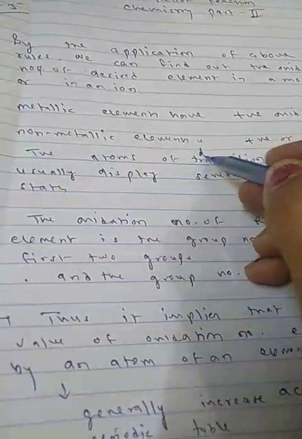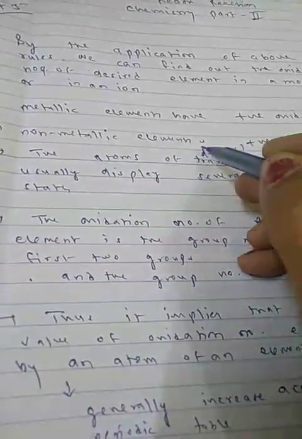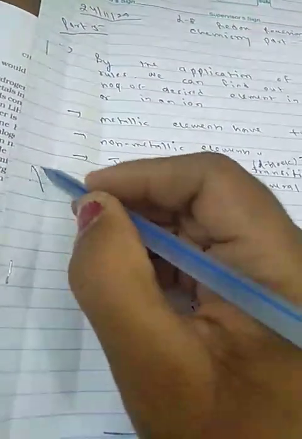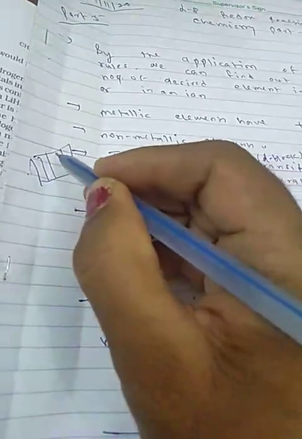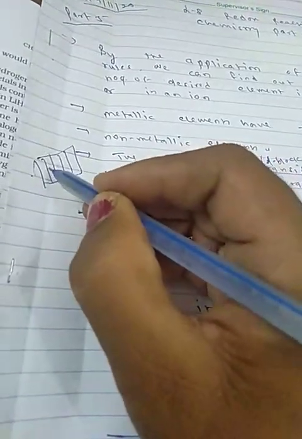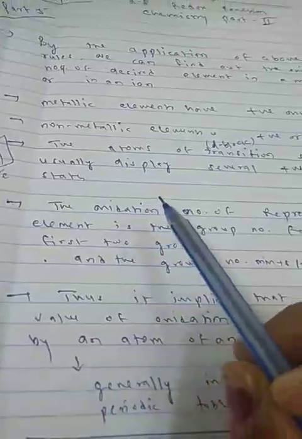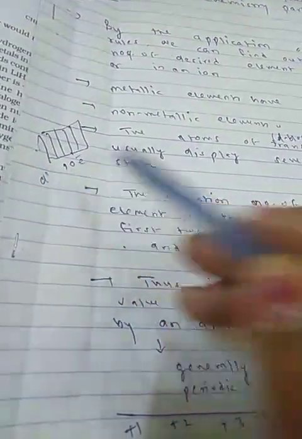The atoms of transition elements, D block elements, where I showed you the filling of P3, and in the D block there are 5 suborbitals, so a maximum filling of 10 electrons. The atoms of D block transition elements usually display several positive oxidation states, like D1, D2, D3.